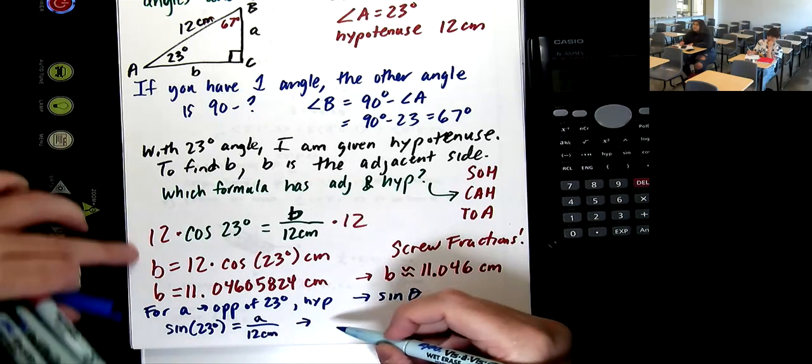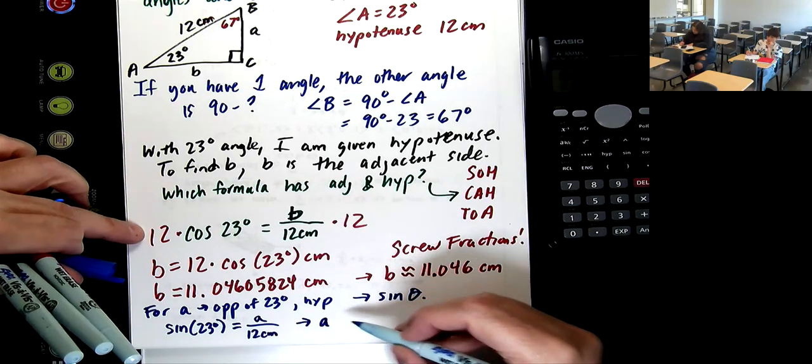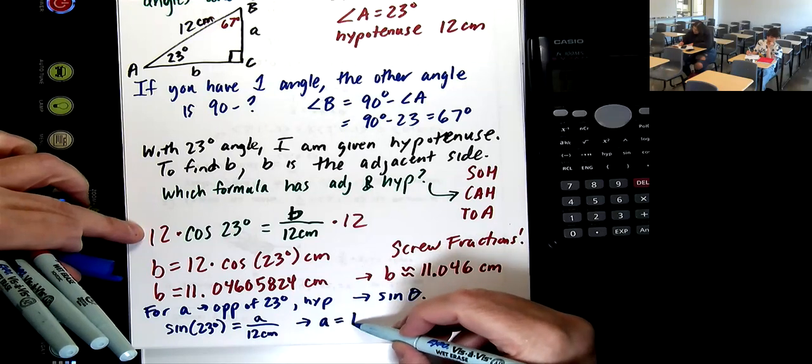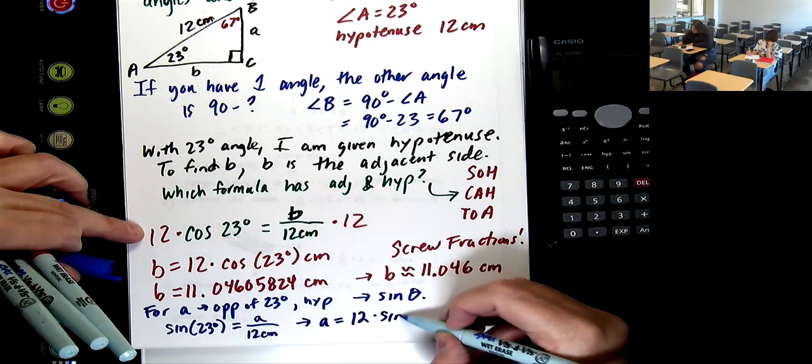And doing the same thing, we clear the fractions. I get A equals 12 times sine of 23 degrees.